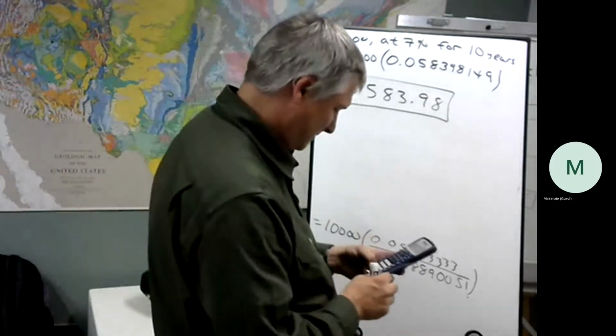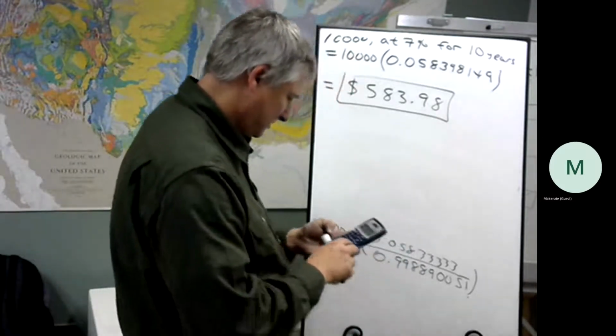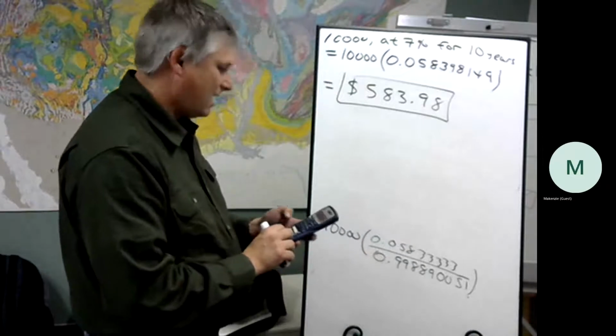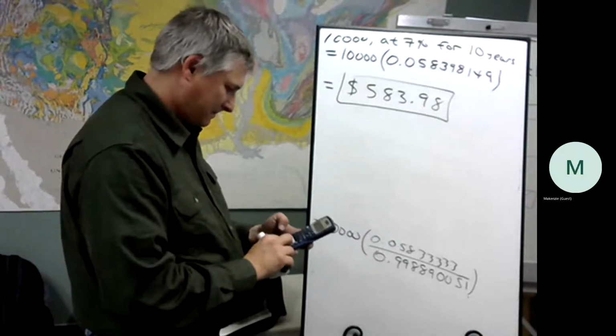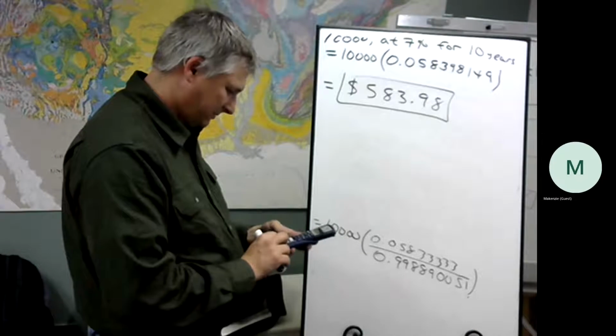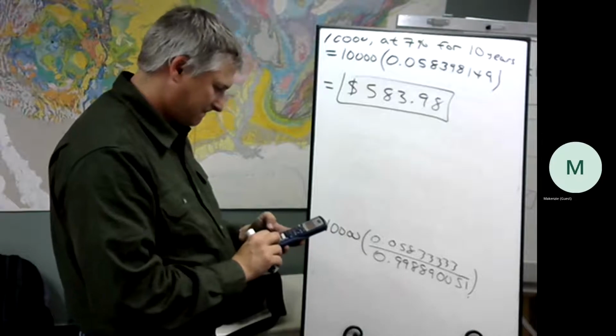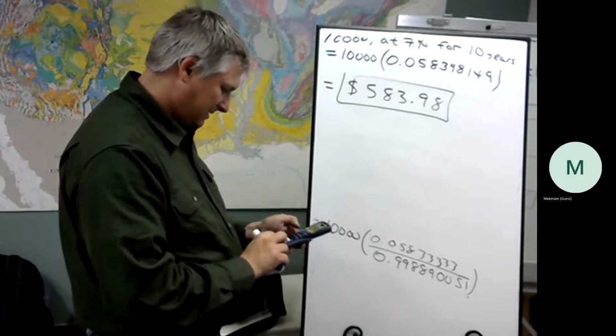Double check this real quick. And x to the negative 120 is that. 1 minus that.